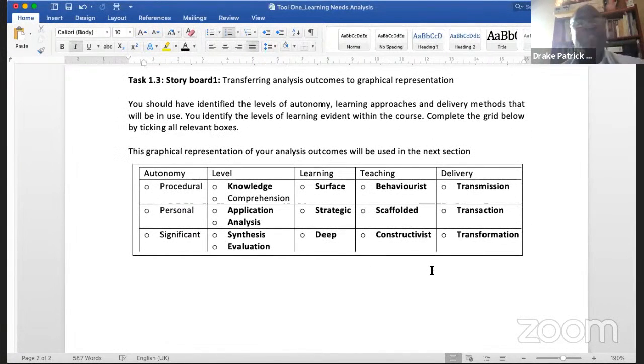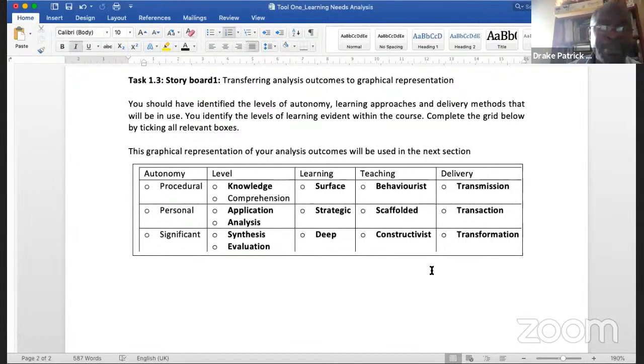In terms of how a storyboard will look, as we earlier alluded to, it is imperative to appreciate that in any delivery mechanism of a course, you cannot have only one means of delivery or one level of autonomy; rather, one area will be dominant over the other. At the level of autonomy, we shall have some bit of procedure.